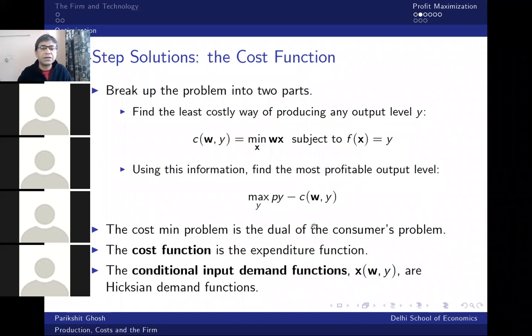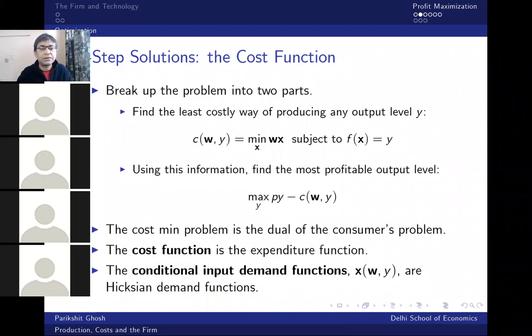Profit is revenue minus cost. If you only want to maximize the revenue part, taking the prices as given, maximizing revenue has no finite solution. You produce as much as you can, right? If you ignore the cost of production and for whatever reason want to maximize revenue, there's no finite answer to that.